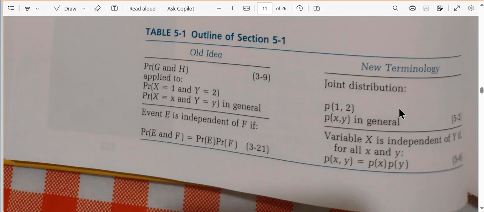But not just that, for every possible combination of x and y values, it has to be true that this equals that. So that's saying so much more than just for one combination, or basically one pair of events. This is for many, many different pairs of events. Let's see if they explain that a little more.